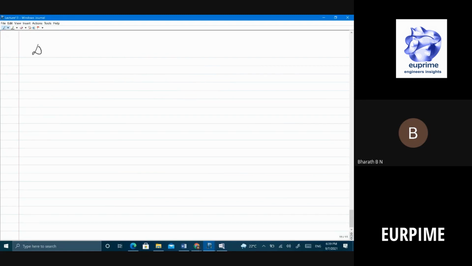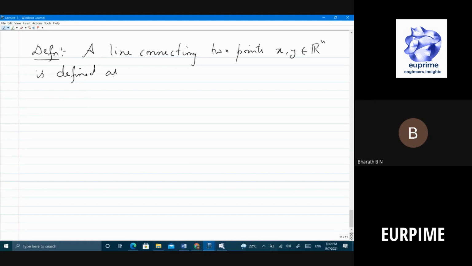A line connecting 2 points x, y belonging to R^n is defined as all those points lambda x plus 1 minus lambda y, such that I vary lambda, so lambda belongs to [0, 1].